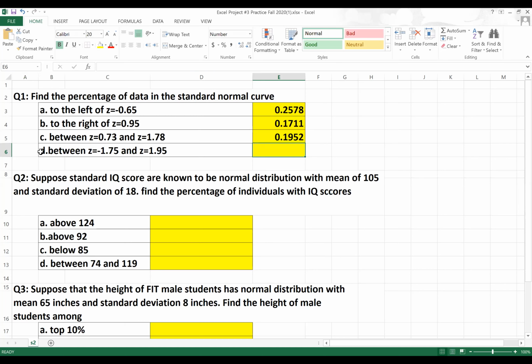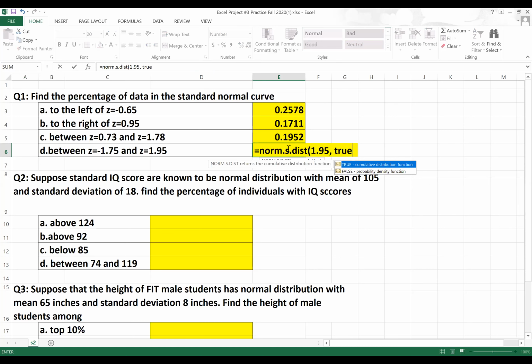And the fourth one is similar, but one of these z-scores is negative. Still, a positive number is always bigger than a negative number. So NORM.S.DIST, open parentheses, and putting 1.95 first. True, right? Minus the normal probability distribution.